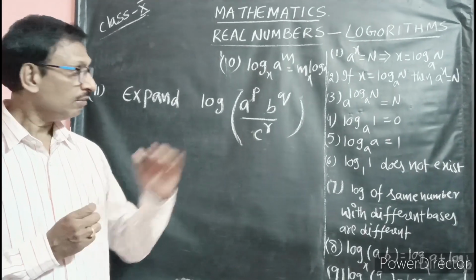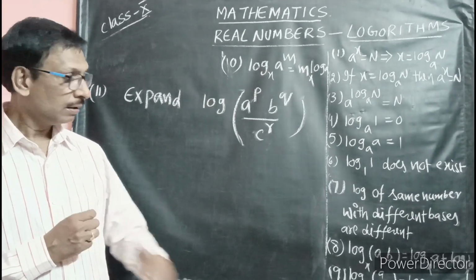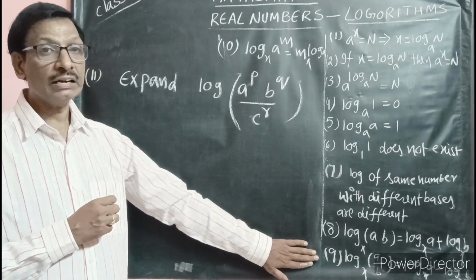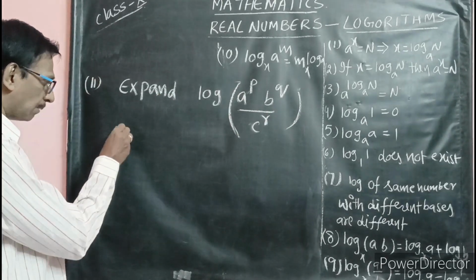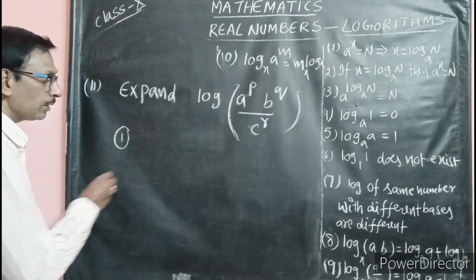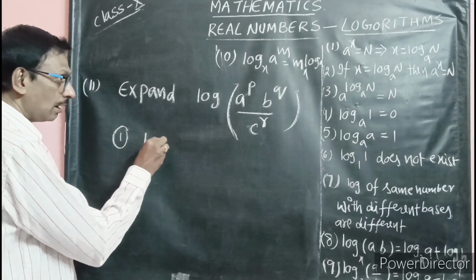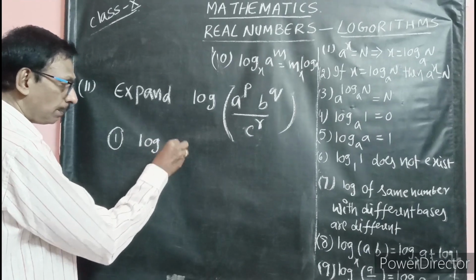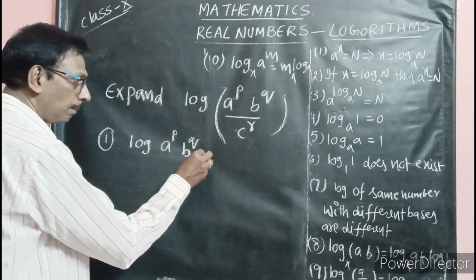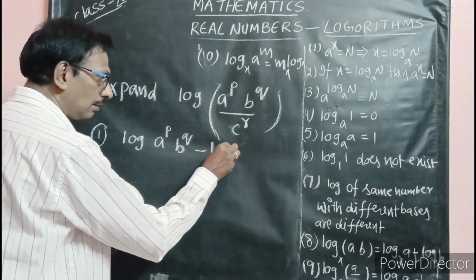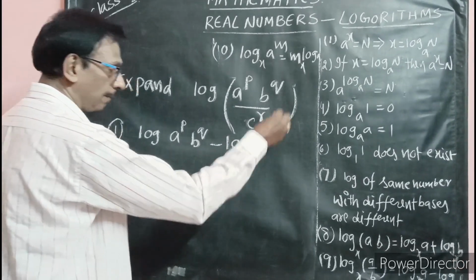Now, if the problem has been given to you like this, first you apply the logarithm of quotient and you expand this as the first step. In the first step, you write this complete as log a to the power of p into b to the power of q minus log c power r.